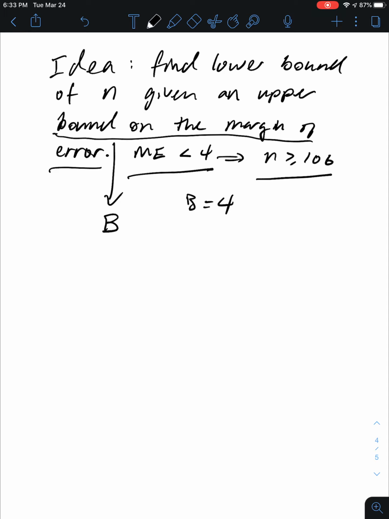You have to identify the bound on the margin of error and assign it to the letter b. Once we have that, we don't have to go through all the algebra every time. You're welcome to, and it's not hard algebra, but that's not what this course is about. I don't want you to waste your time learning algebra. I want you to get straight to the statistics.